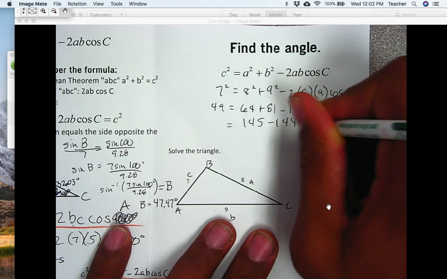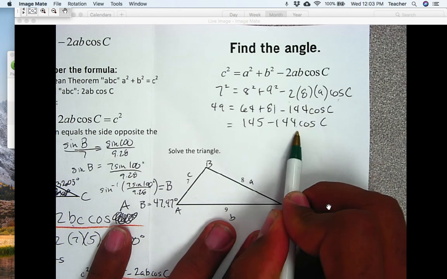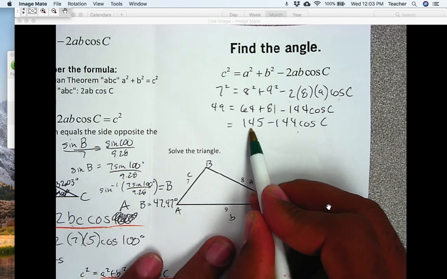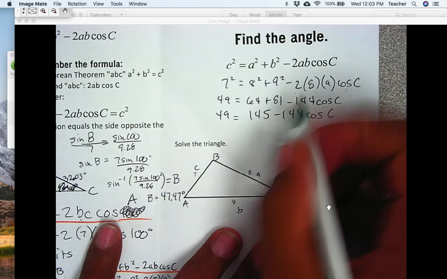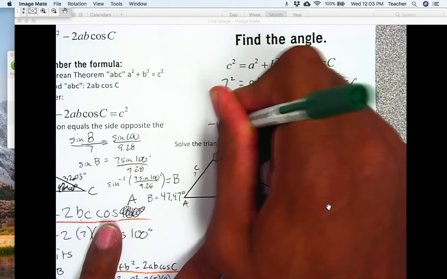Now just remember that this cosine and this 144 are together by multiplication, so I can't just subtract that from this 145. But I can divide it away. So what I'm going to do first is subtract the 145.